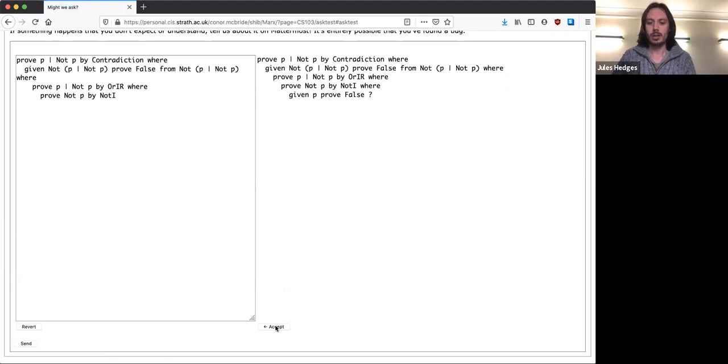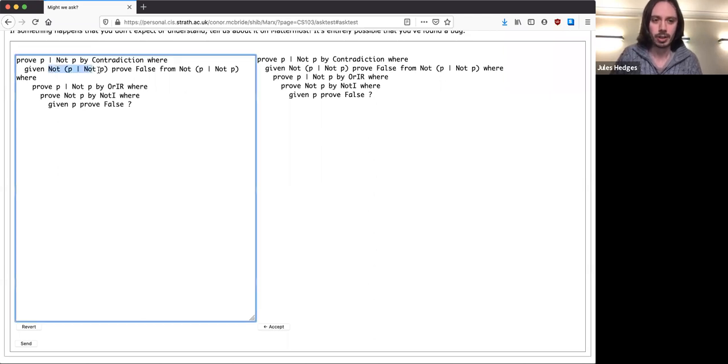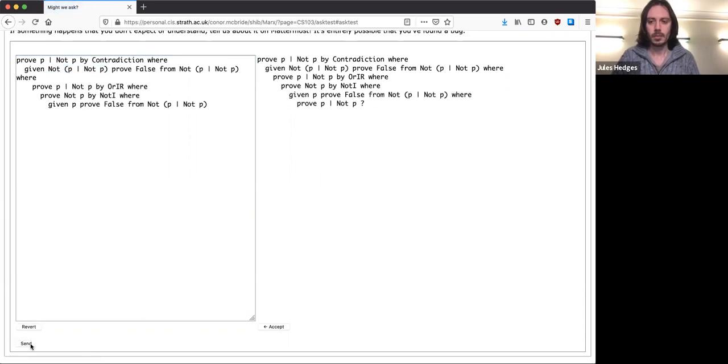What we're going to do next is dig deep into our pile of givens and use this original given, not (P or not P). I'm going to say prove false from that. And now we're back to the start yet again for the third time, and we have to prove P or not P. But each time we come back to the start, our list of givens is growing.